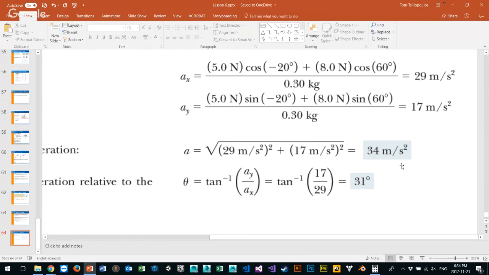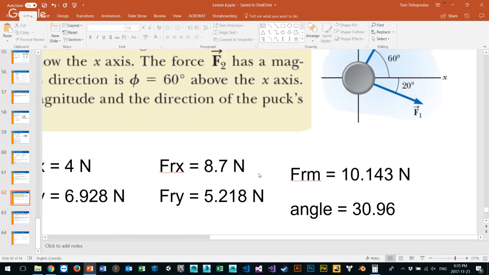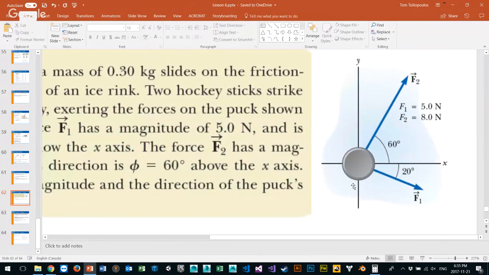So here again, this is a classic problem. That's why I showed it to you. We did it a different way, but at the end of the day, we can figure out two forces by taking the components, both the components of f2x and f2y, and f1x and f1y, and getting the resultant angle, right? And the resultant total force.